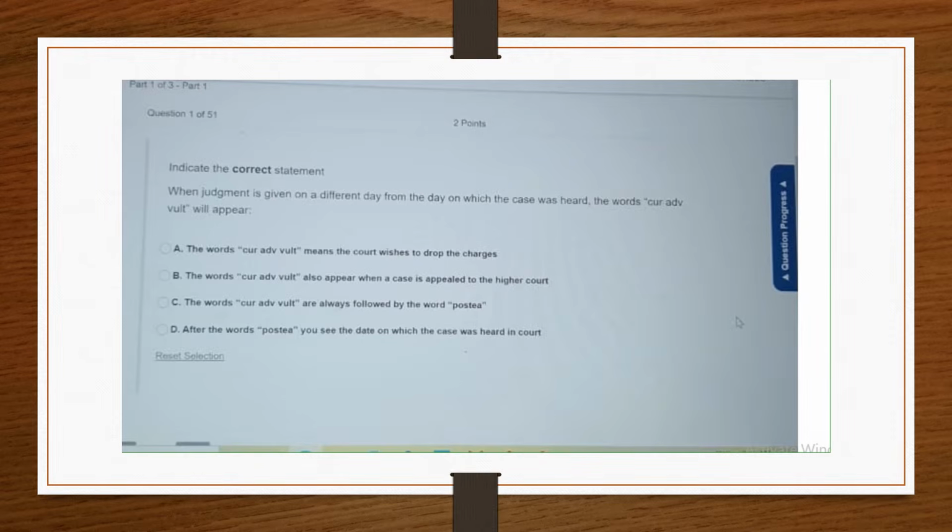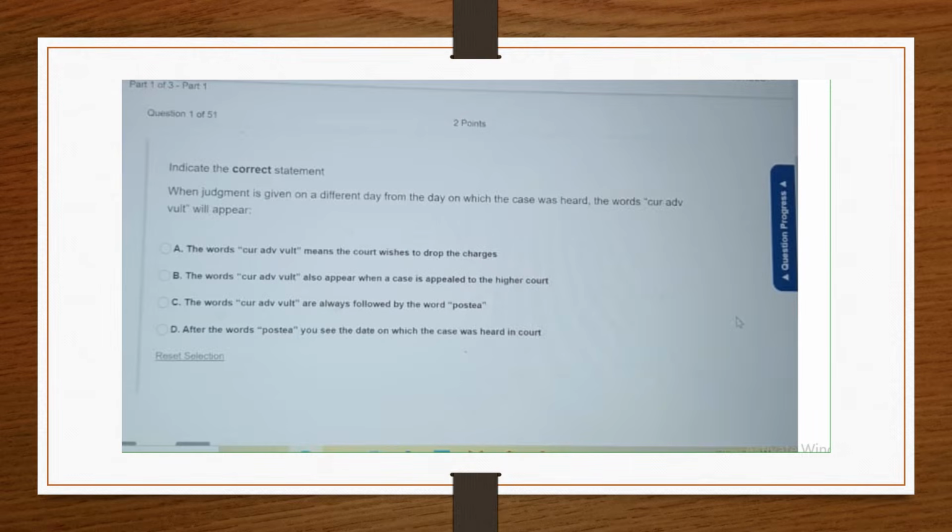A, the words curia advisari vult mean the court wishes to drop the charges. B, the words also appear when a case is appealed to the higher court. C, the words are always followed by the word posterior. D, after the words posterior, you see the date on which the case was heard.